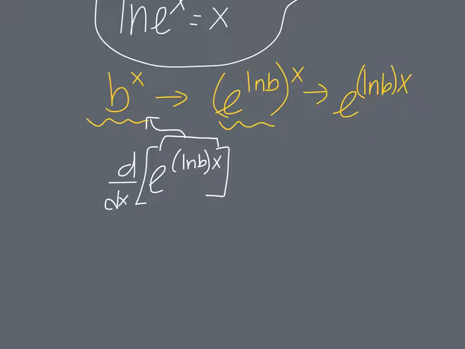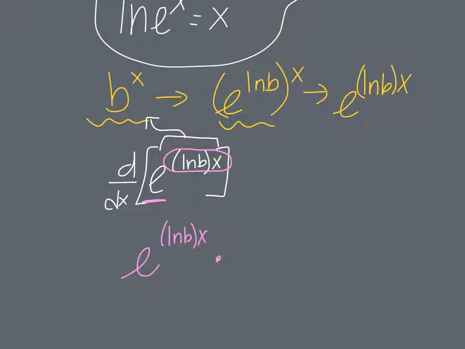This is like a chain rule situation where the e to the power is what I would consider the outside function, and then this whole thing right here is what I would consider the inside of the function. So if I take the derivative of the outside of the function, it's just e to the natural log of b to the x, because remember you leave the inside the same.